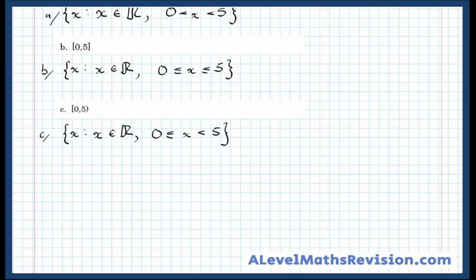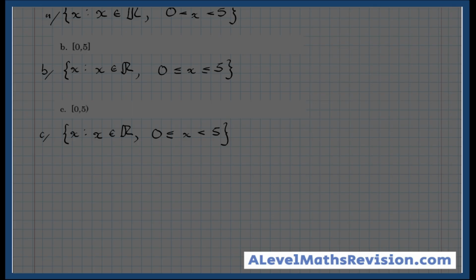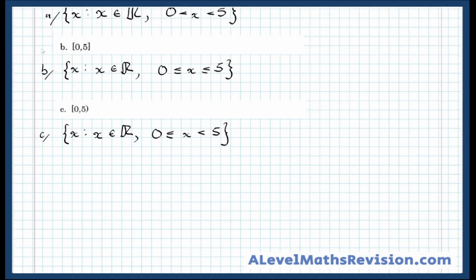And another. So there it is there. 0 to 5 again. Pause the video if you want to have a go. And it's the set of all x values such that x is real. No surprises there.